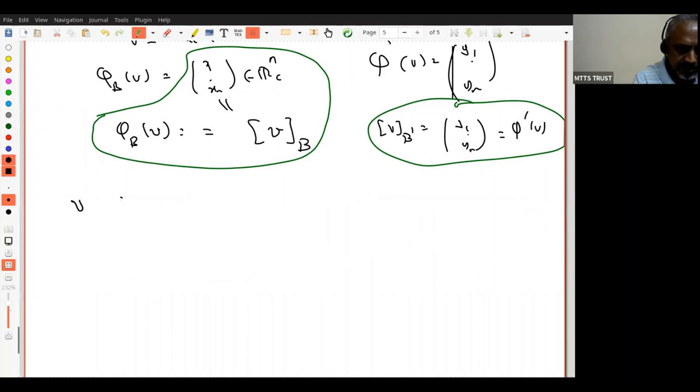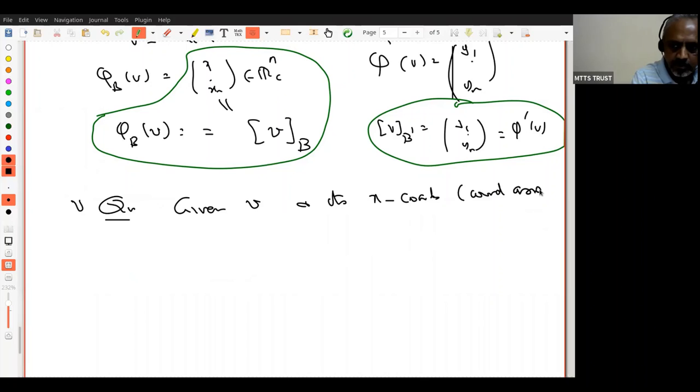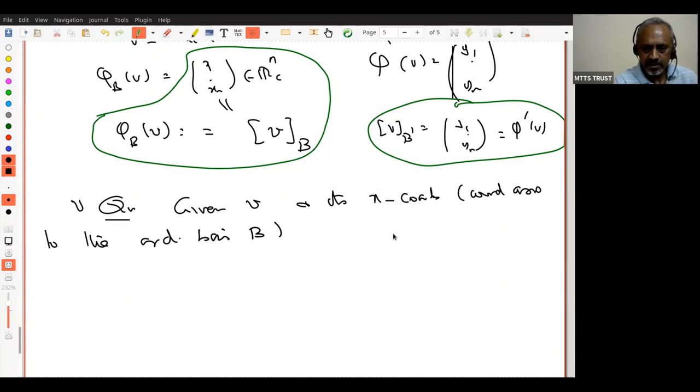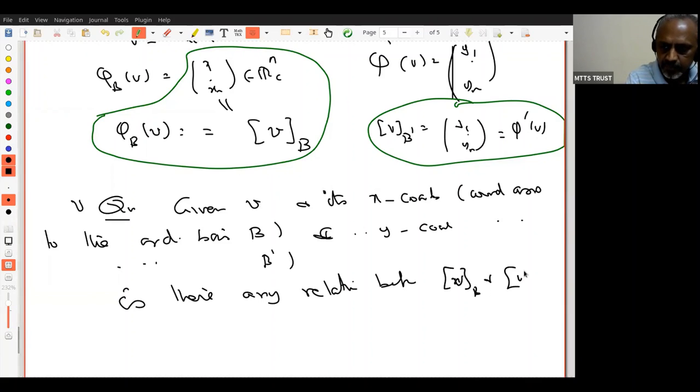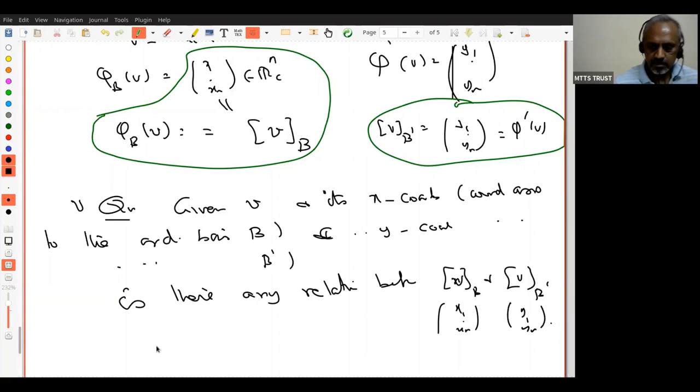If you give me a vector V and its x coordinates, that is coordinates associated to the ordered basis B, and given V and its y coordinates, that is with respect to B dash, is there any relation between V B and V B dash, that is, is there any relation between x1 to xn and y1 to yn? That's the question. How many of you understand this?